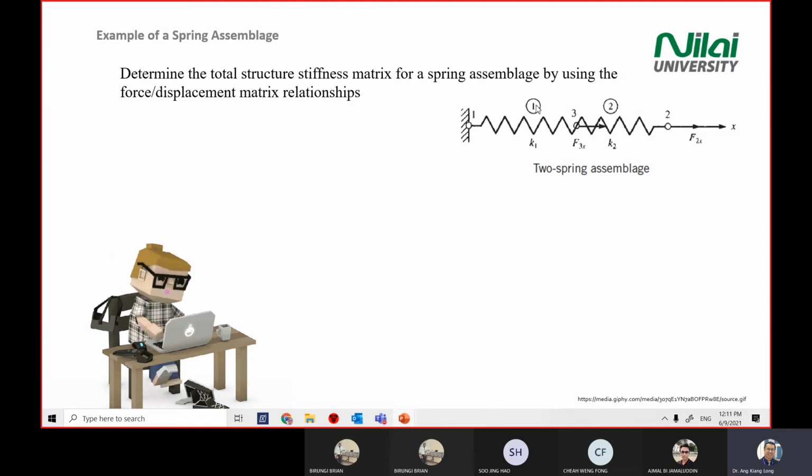If you're seeing one circle, it means the first element. Two circles means the second element. Now, the first step is that you do discretization, meaning you have a few nodes.